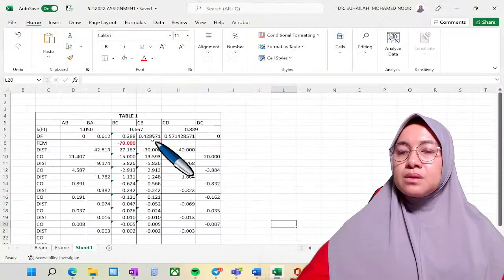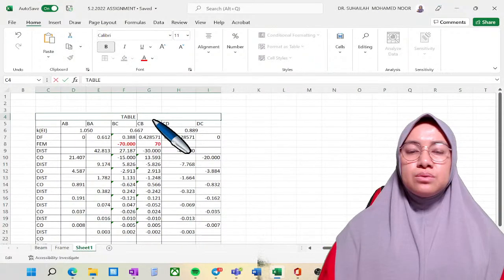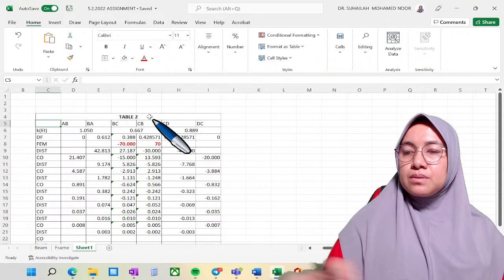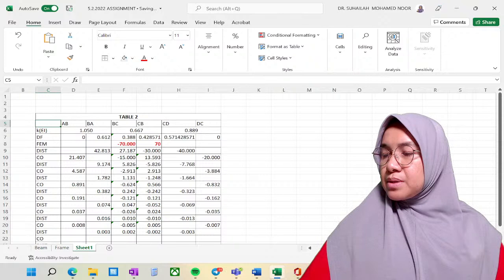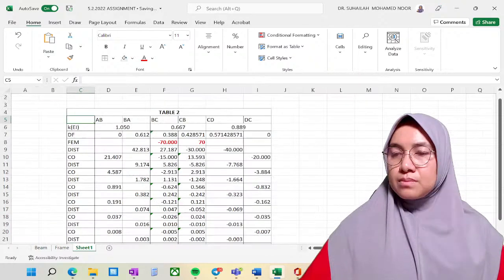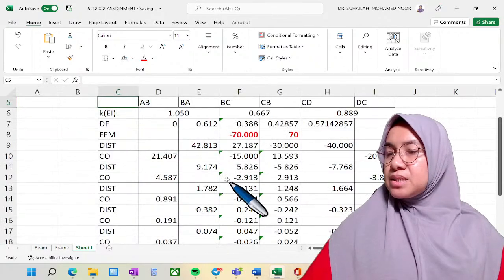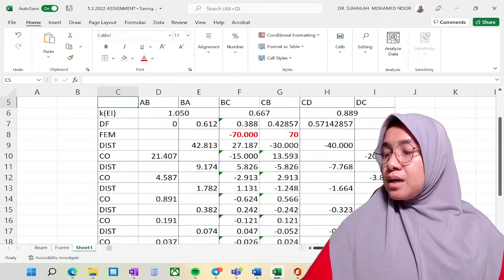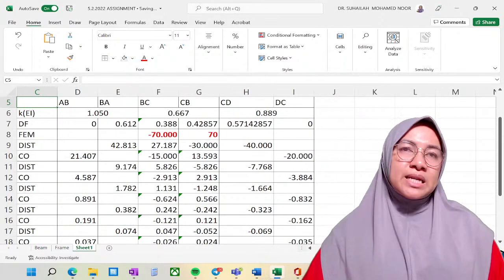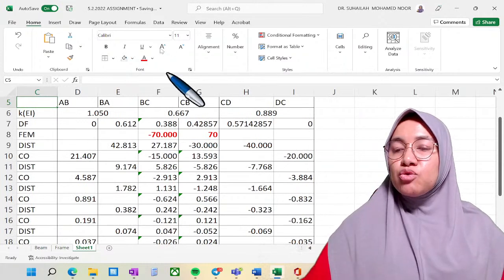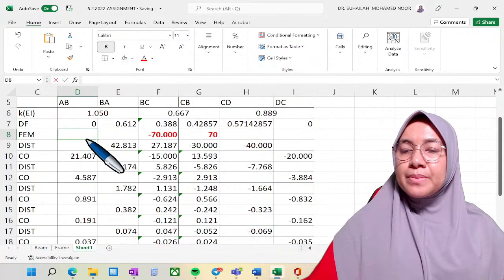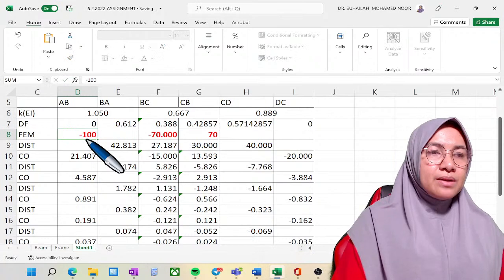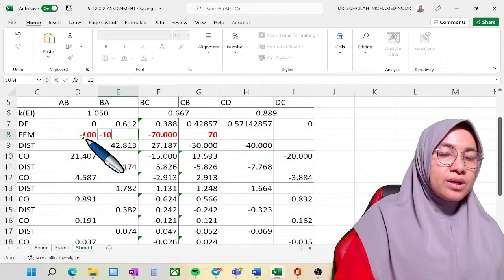Okay, let's say this is table number 2, and let's say we have used the right K and the right DF. So we have to put FEM negative 100 and negative 100.